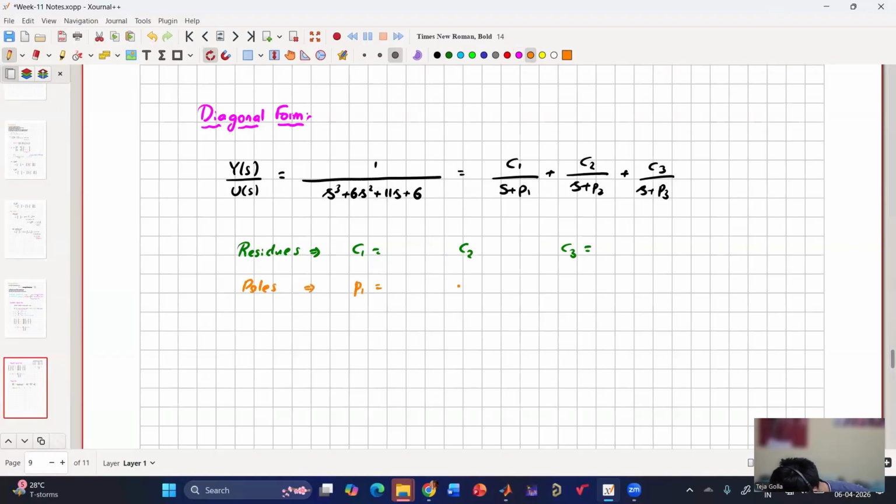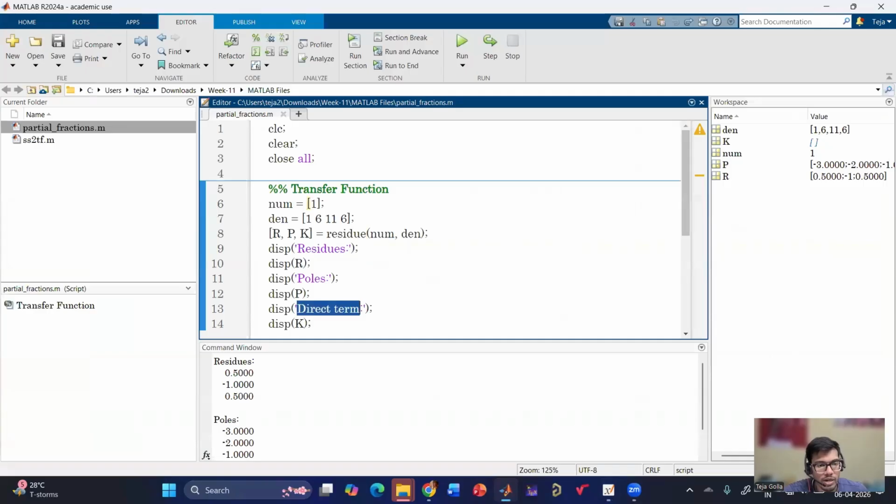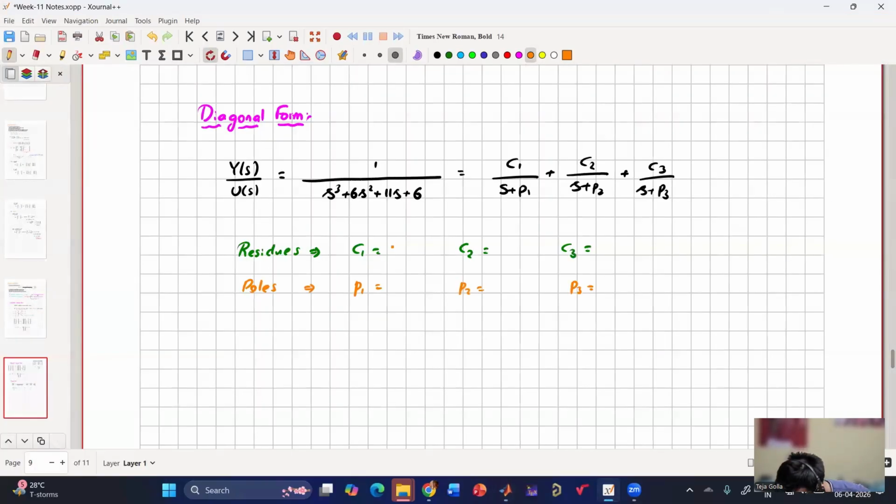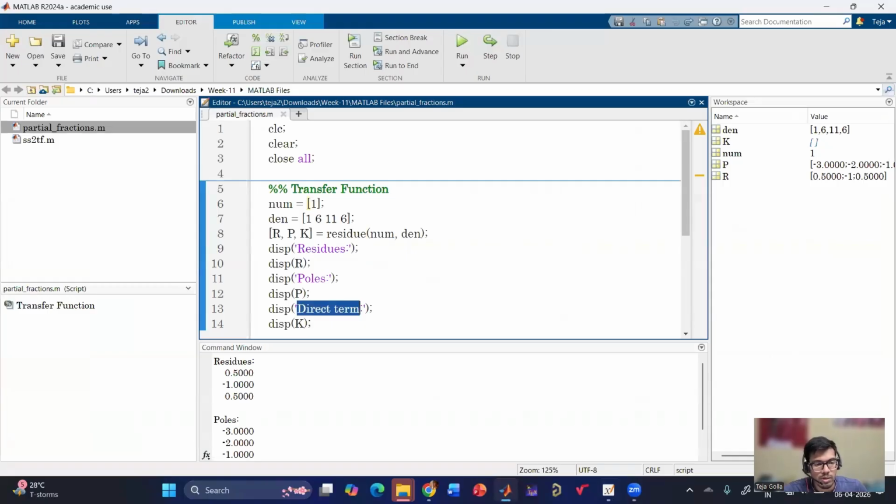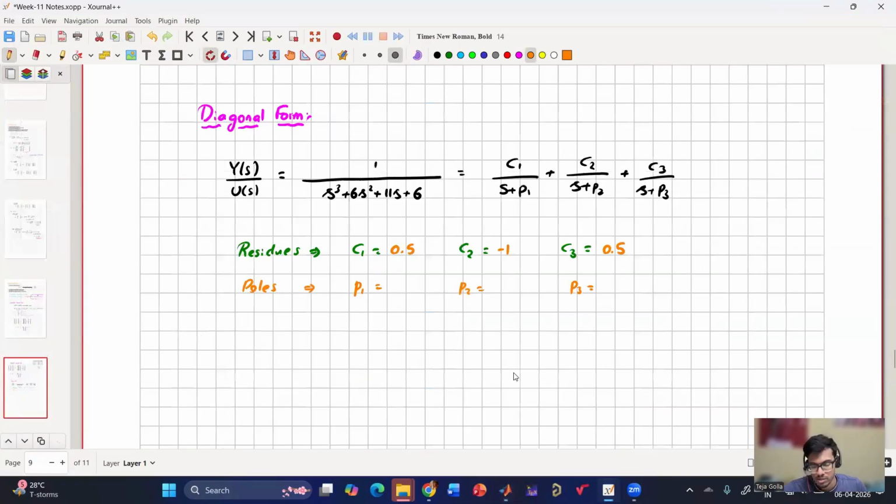So the residues, my constants, are 0.5, -1, 0.5. And then the poles are -3, -2, -1.